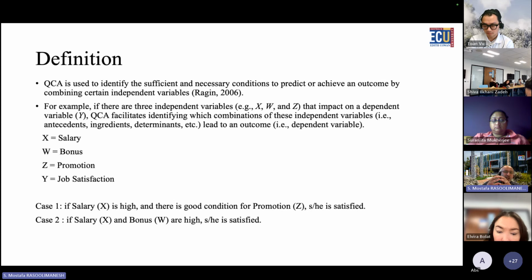But if we analyze different groups of people, like case number one and case number two, we can see that for a group of people similar to case one, salary and promotion are important, but for a group of people similar to case two, bonus is also an important criterion. So we need to consider bonus if we want to improve the satisfaction of our employees.